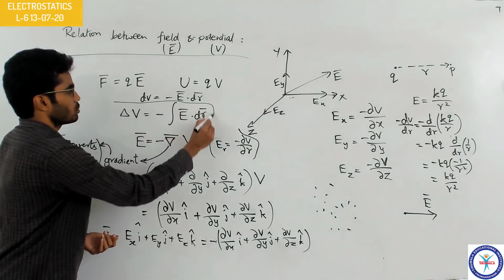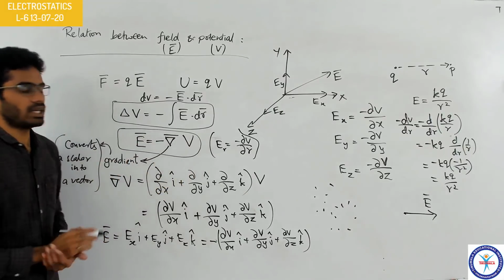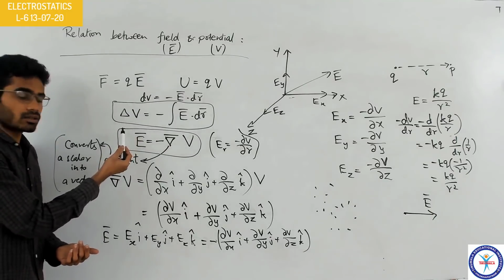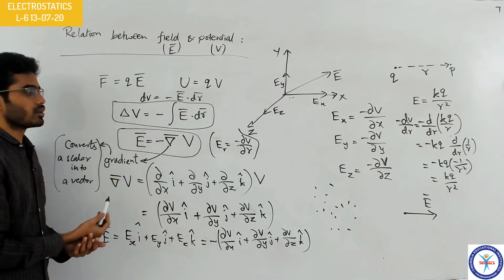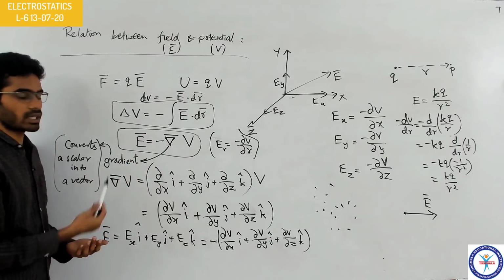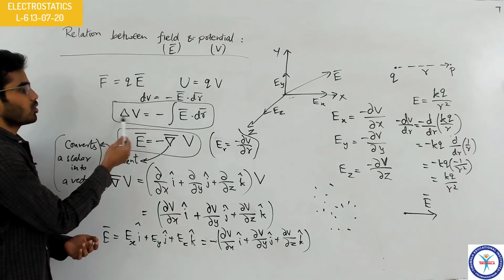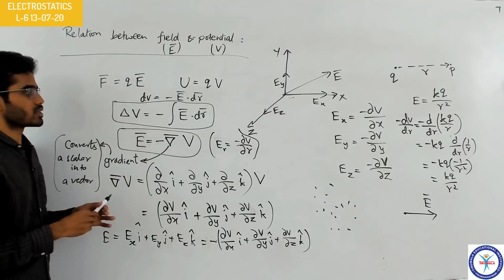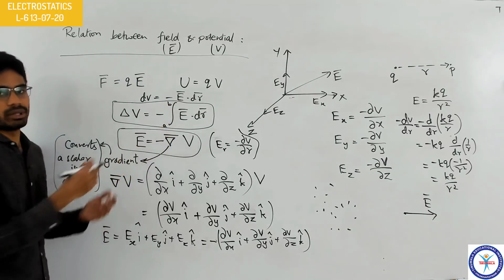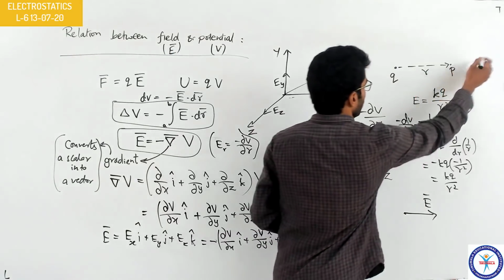So these two are standard definitions which relate the field and potential. So this is change in potential in radial distance. This is the field at a particular point. How are they related? The field can be given by negative gradient of potential, and you can calculate the potential difference between two points. You want to calculate potential difference between any two radial locations.